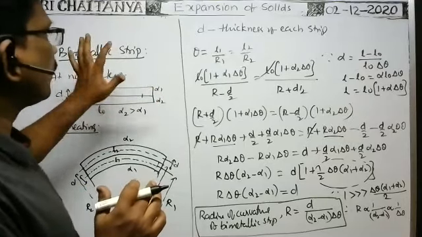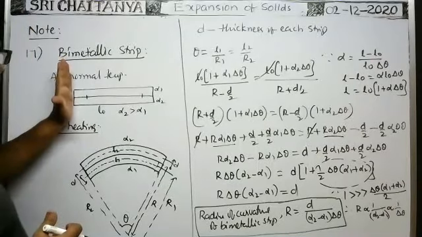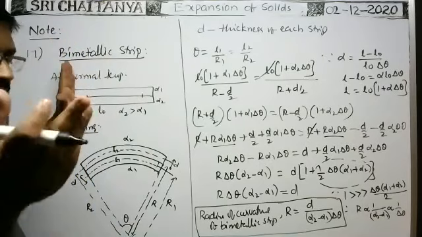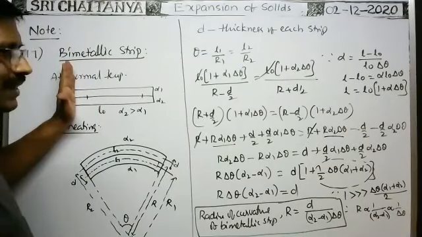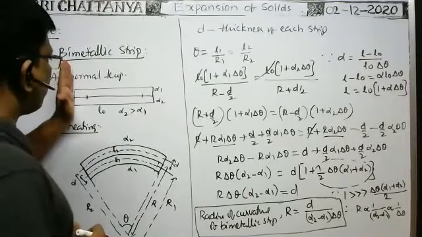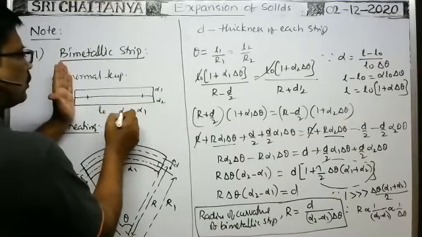Thermostat is made with bimetallic strip. Actually, the bimetallic strip is fixed at one end in the refrigerator or ACs, etc. Suppose this is the one with alpha 2 greater.